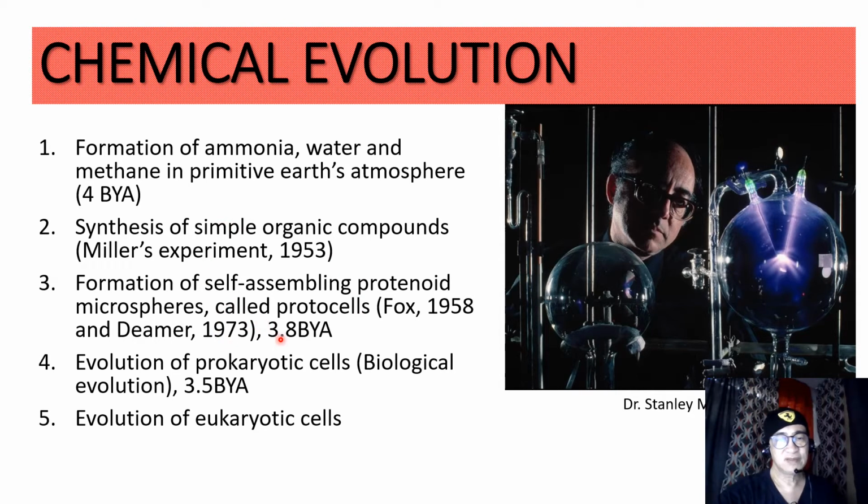And then around 3.5 billion years ago, the first fossilized prokaryotic cells are observed. And prokaryotic cells may have evolved a lot earlier. Then from prokaryotic cells, the eukaryotic cells evolved.